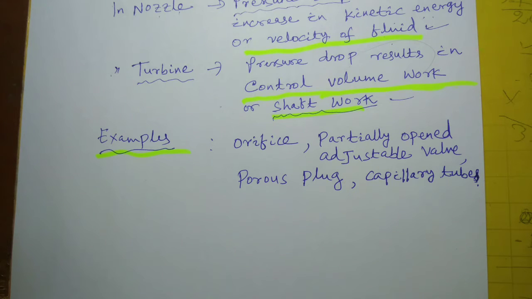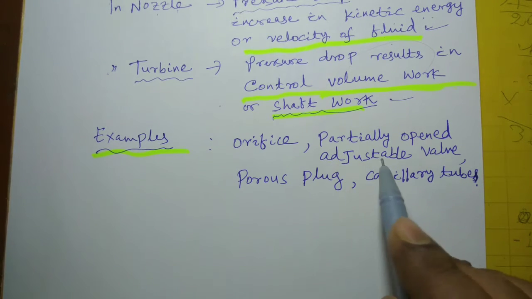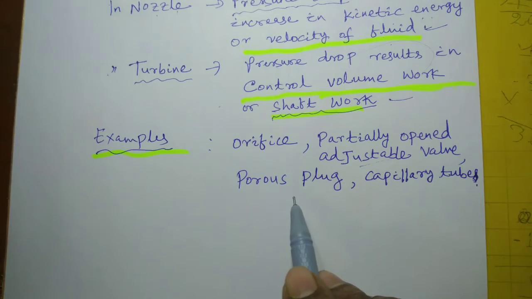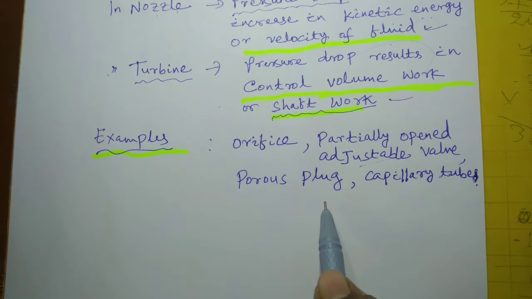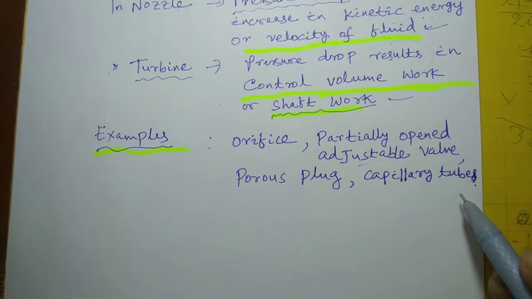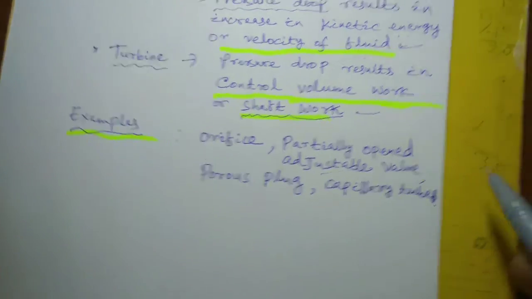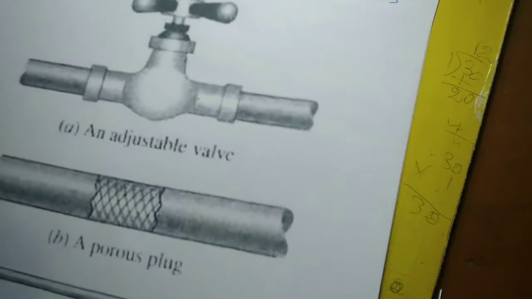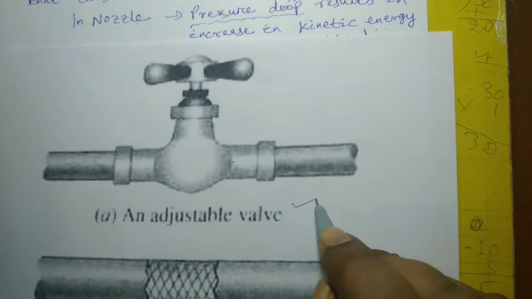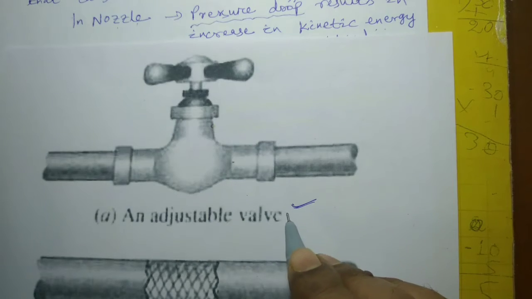For that reason the pressure of the fluid will decrease from the inlet section to the outlet section. A similar thing happens with a partially opened adjustable valve. And a porous plug is a sponge-like material. And capillary tubes are used in our domestic refrigerator. So these are our examples, and this is our adjustable valve.